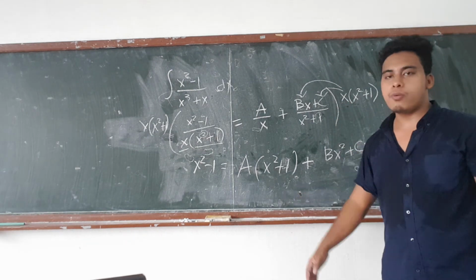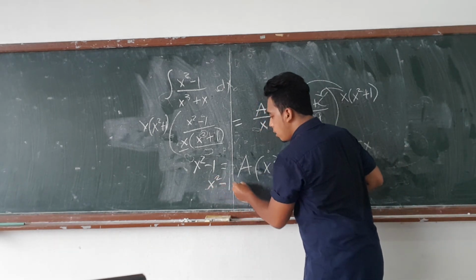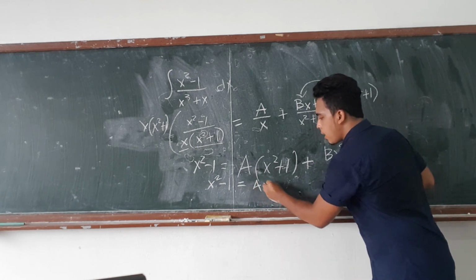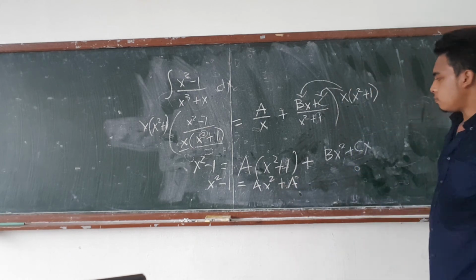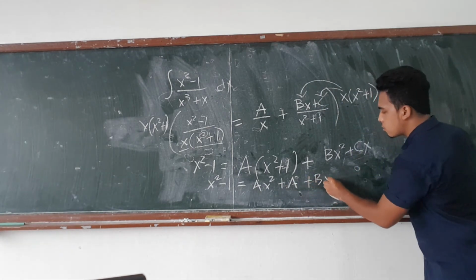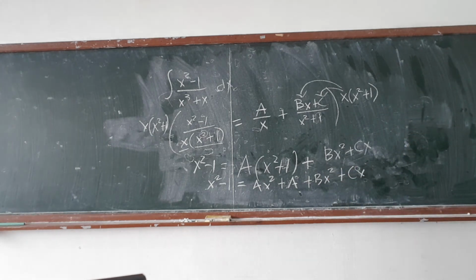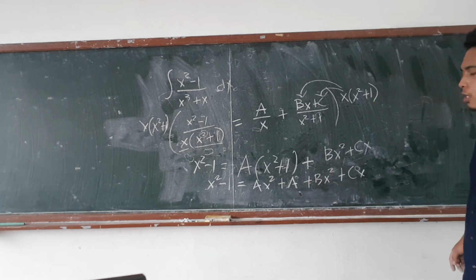Now, let's try to combine. x squared minus 1 equals ax squared plus a, then plus bx squared plus cx.